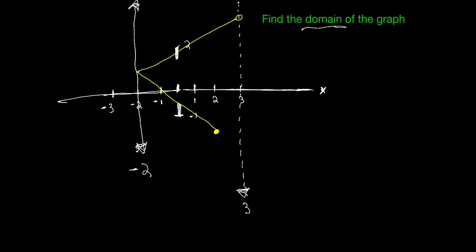So now for any general x, and x is going to represent my domain, we can squeeze it between these two values, between 3 and -2.